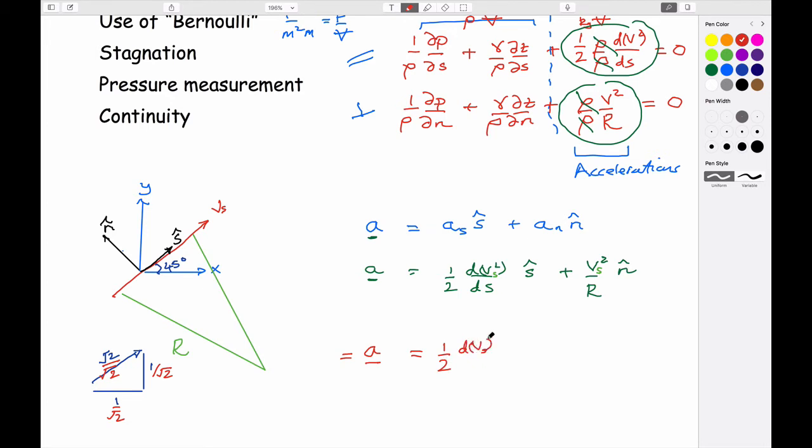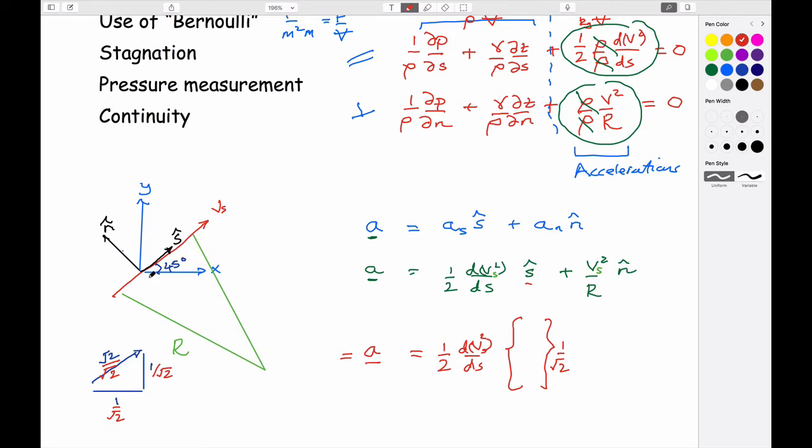dv s squared, which we can calculate ds, and there's going to be a vector. The component of s, which is this term here, what is s? In the x direction, it's going to be 1 over square root 2. So it's going to be positive.